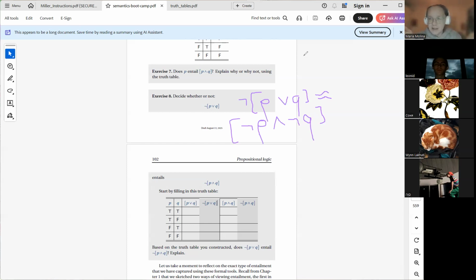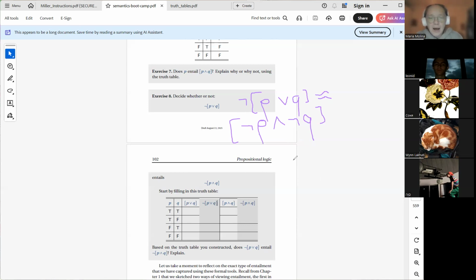Negation of that is it's not raining and it's not windy. It works like multiplication. It's not both.